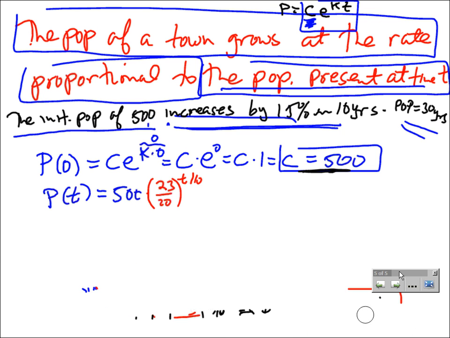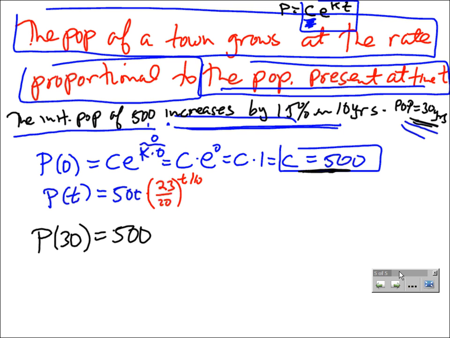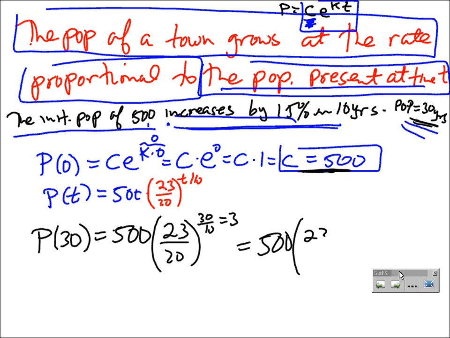That is, I can give you an exact answer if you tell me what t is. Oh, t is 30. P of 30 is 500 times 23 over 20 to the 30 over 10, which of course is 3. Saves you a big headache on the calculator to realize the power is just the number 3.